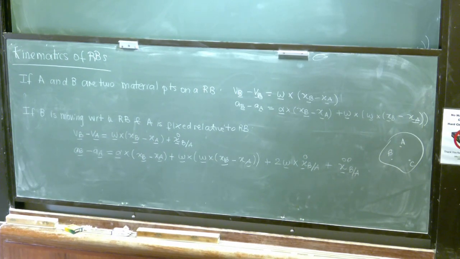Yes or no? Yes, right? Yes, because they are all material points on the same rigid body, and the angular velocity and angular acceleration are properties of the rigid body.